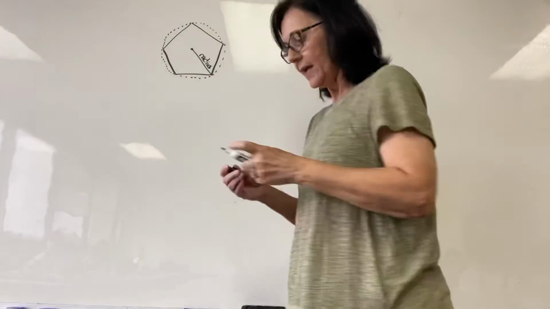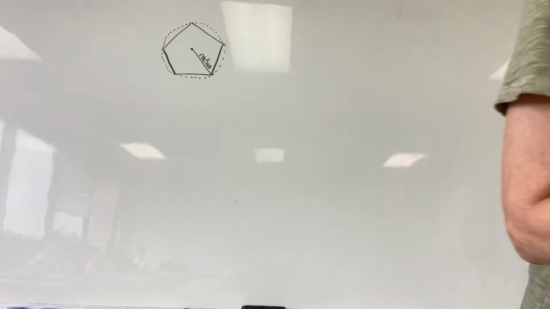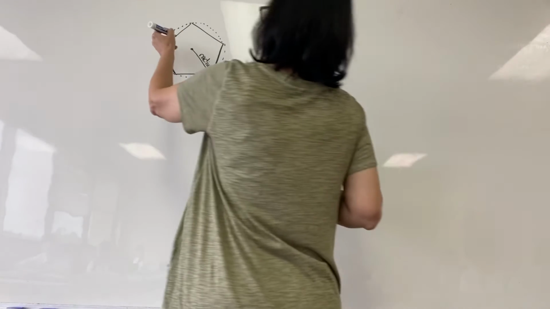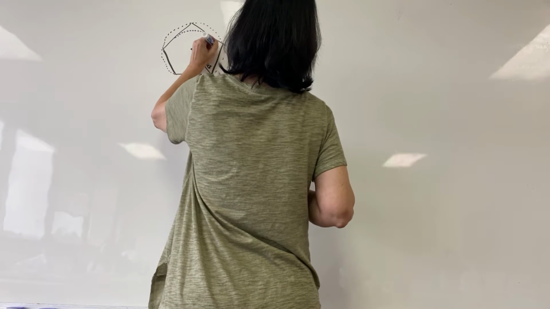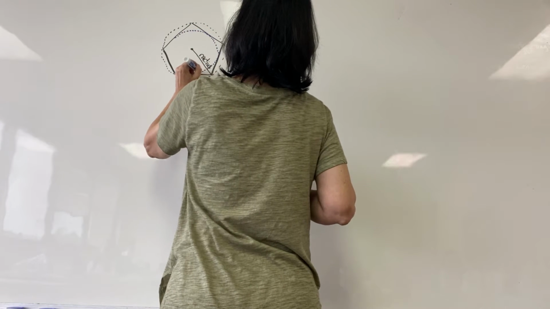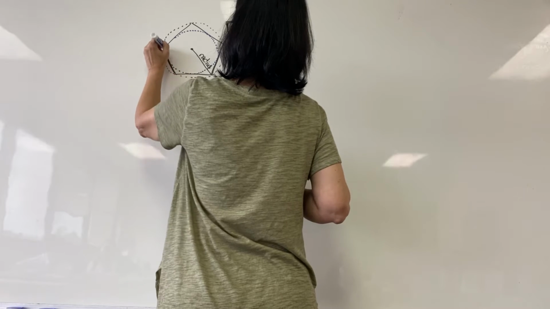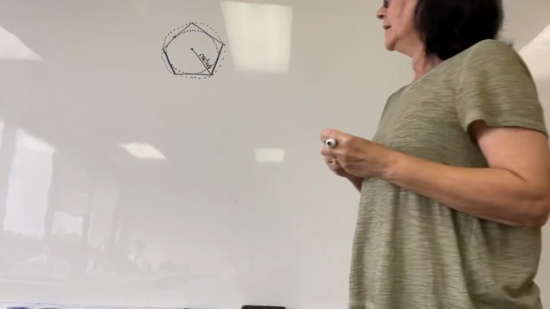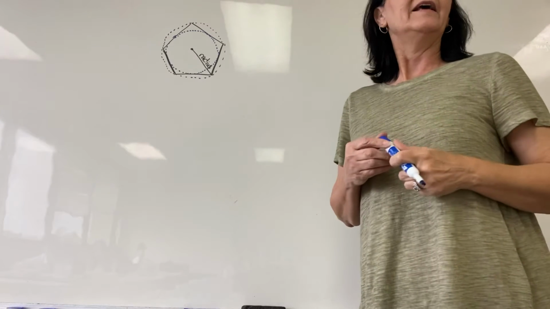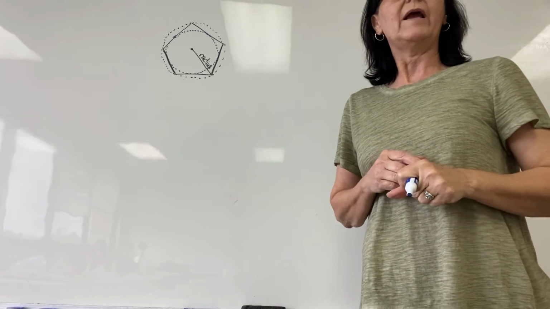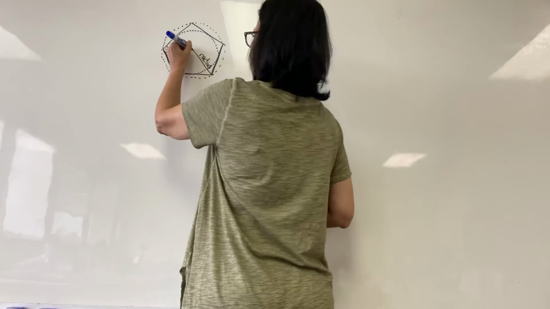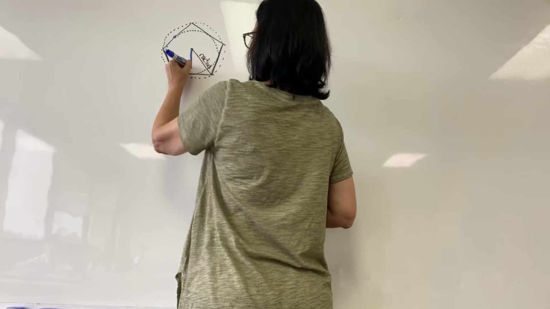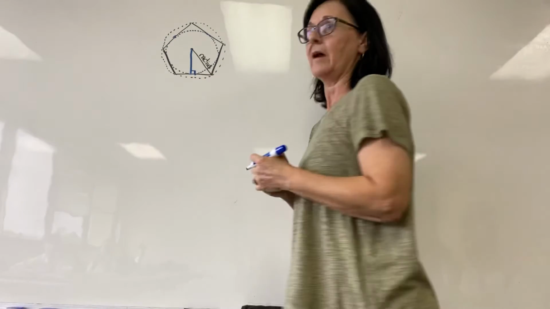when I inscribe a circle, I'm just going to inscribe a circle. It would look like this, right? And then its radius would be from the center of the circle perpendicular to the side.